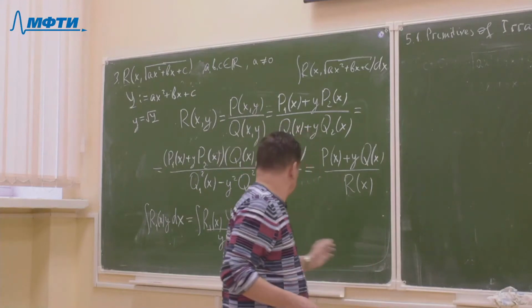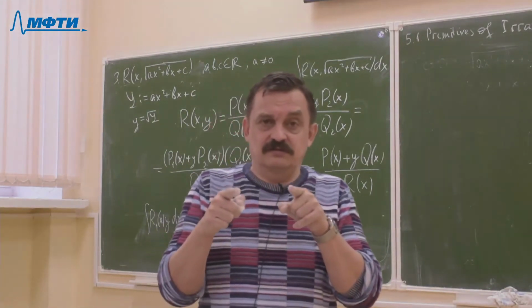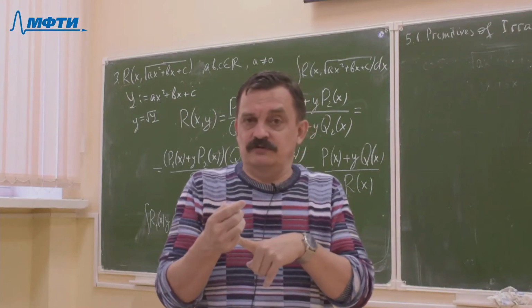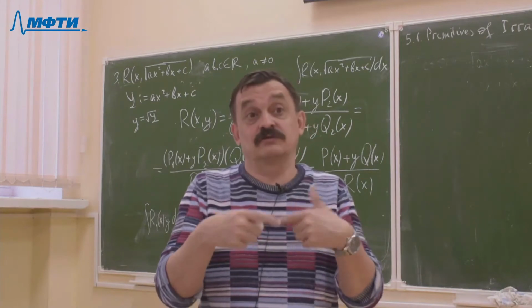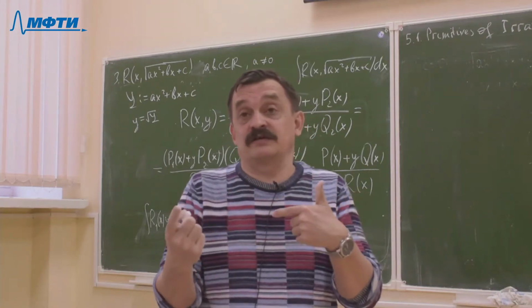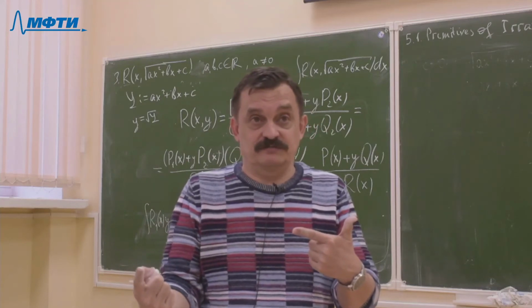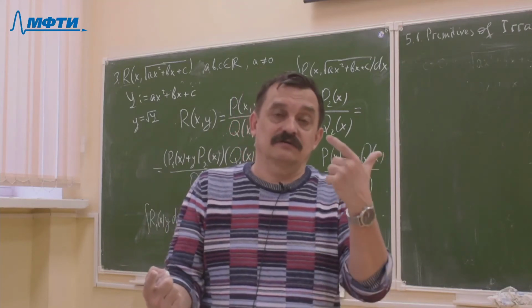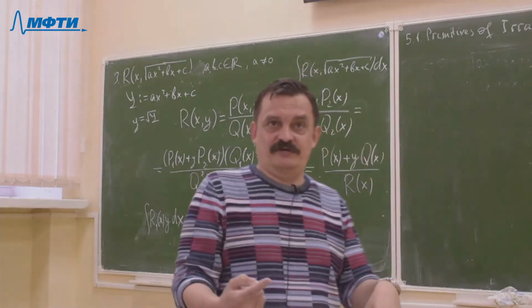But what I want to consider is, remember, when you have a rational function, the first step is to divide and represent it as a polynomial plus a proper rational function. So I'll consider only the very first term, polynomial over y.